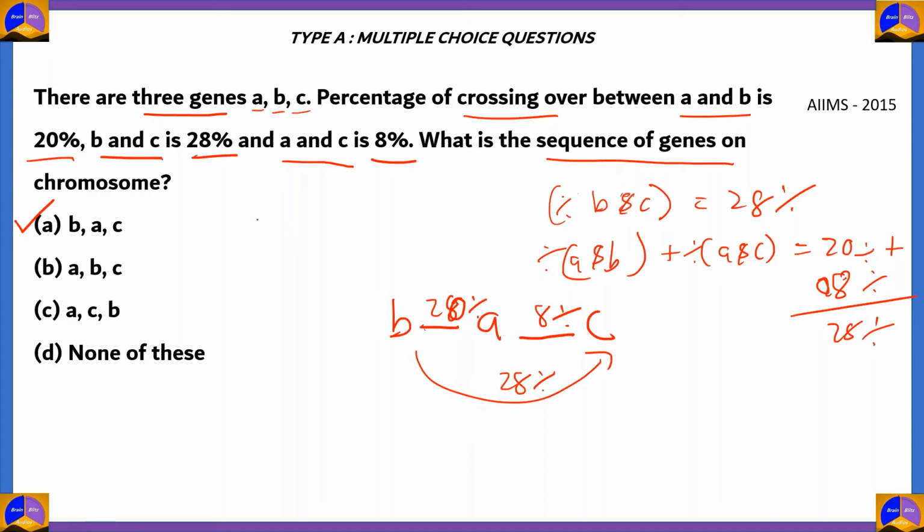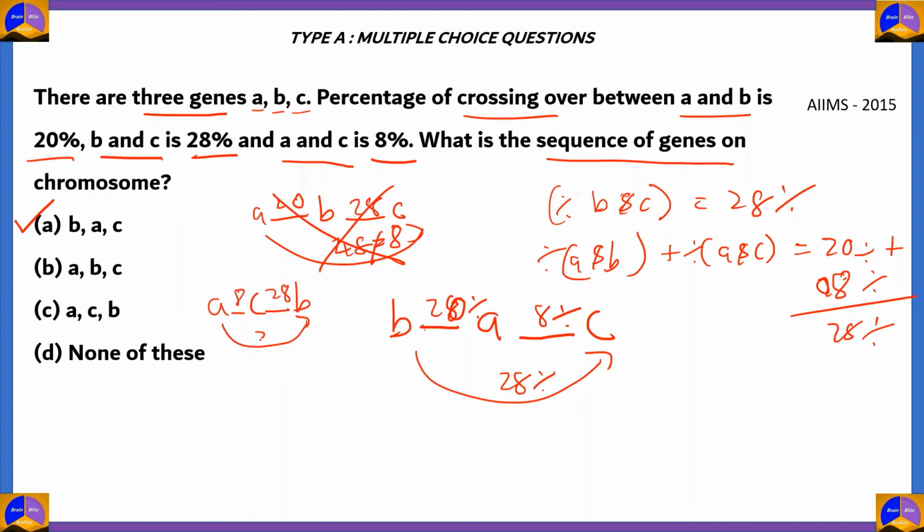If you kept it as ABC, then AB is 20%, and then BC is 28%. So that will be equal to 48, which is not equal to 8, because A and C is given as 8%. So this is not true. Try ACB, for instance. AC is 8%, BC is 28%.